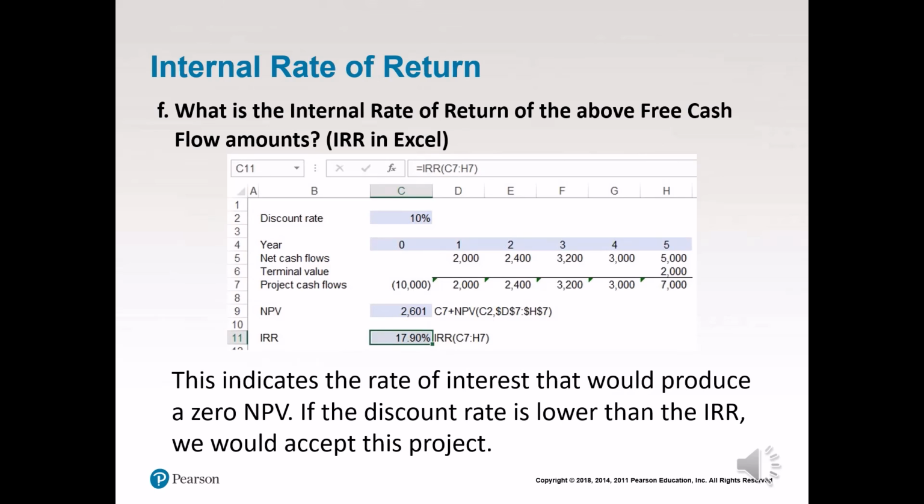Then Excel will calculate our internal rate of return. That is the rate that it would take in order for our initial cash outlay to be the exact same as the present value of our future cash flows. Or another way to say it is, it tells us the rate of interest that it would take to get a 0 net present value.